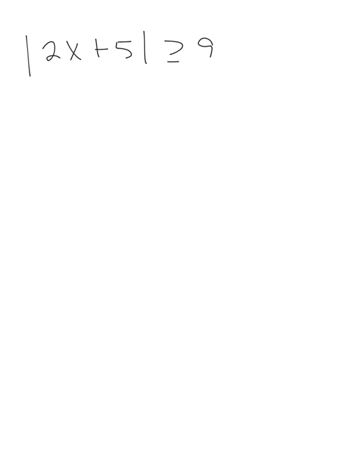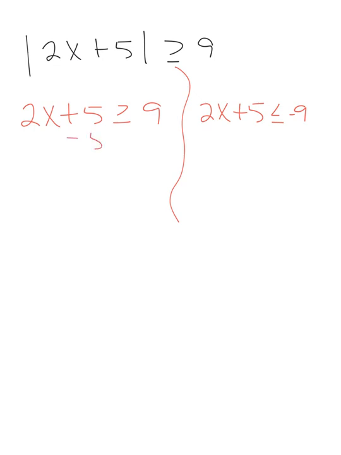This inequality is the absolute value of 2x plus 5 is greater than or equal to 9. That is the question. Let's separate it, and we have 2x plus 5 is greater than or equal to 9. And now we have 2x plus 5 is less than or equal to negative 9. So we're going to go ahead and subtract 5 from both sides. And then divide by 2.